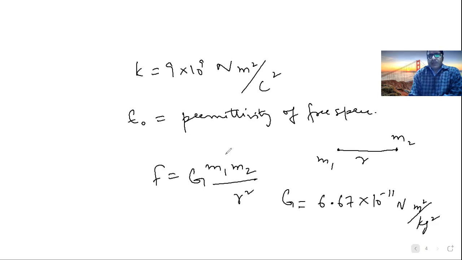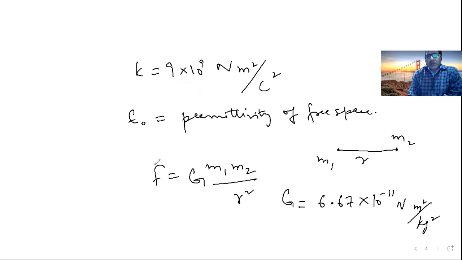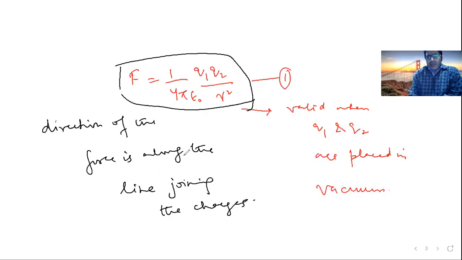One difference is that here there are forces of two kinds, because charges are of two kinds, positive and negative. Here force is only of one kind, that is attractive in nature. The difference you need to note is that the value of the constant here is very small compared to the value of k.